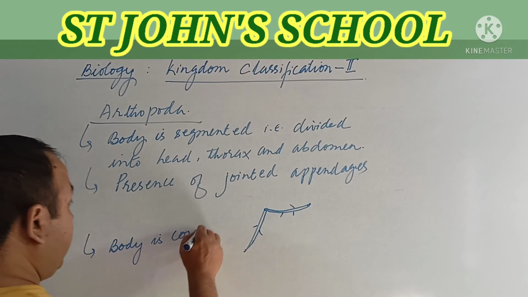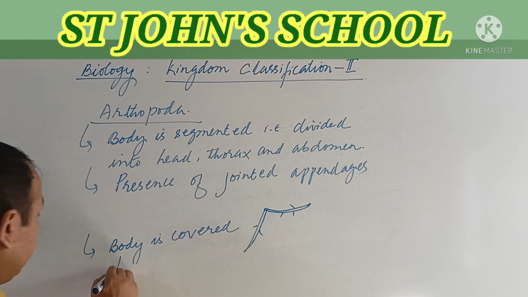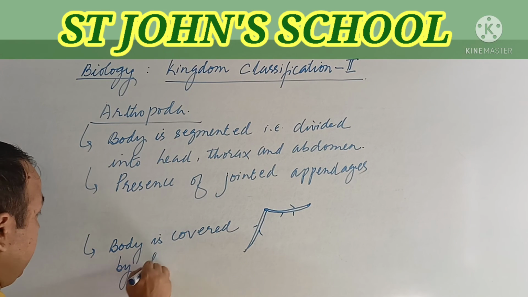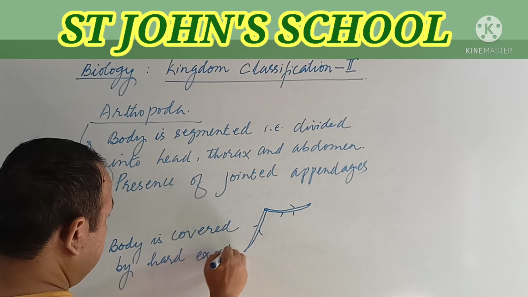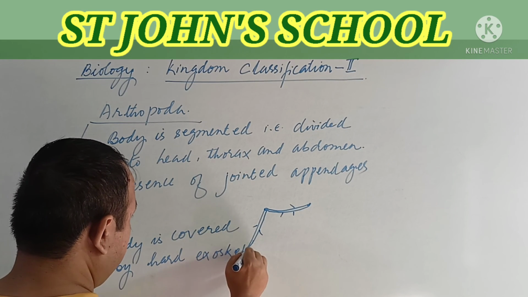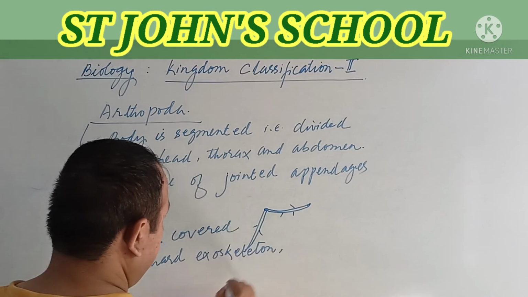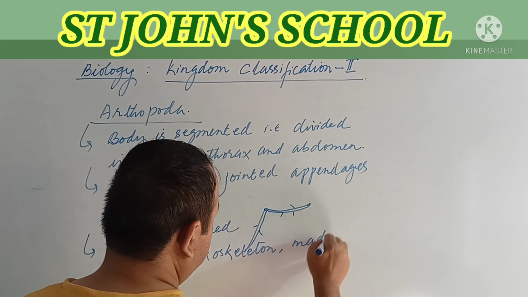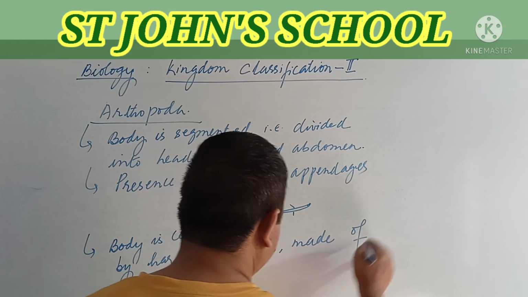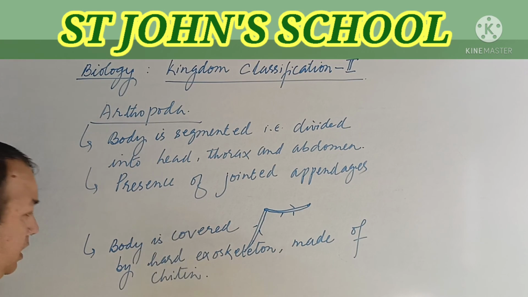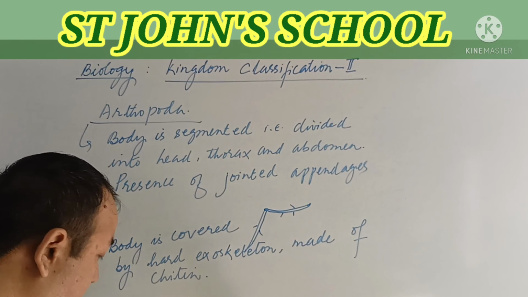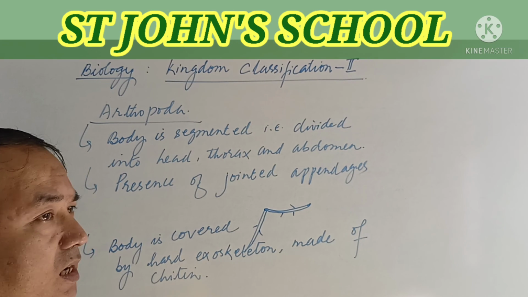So the body is covered by a hard exoskeleton made up of a chemical substance called chitin.